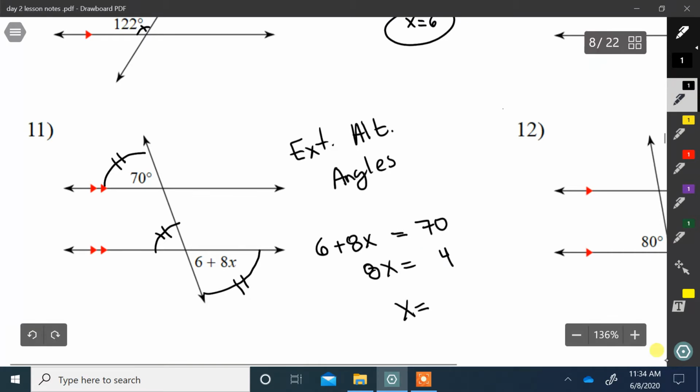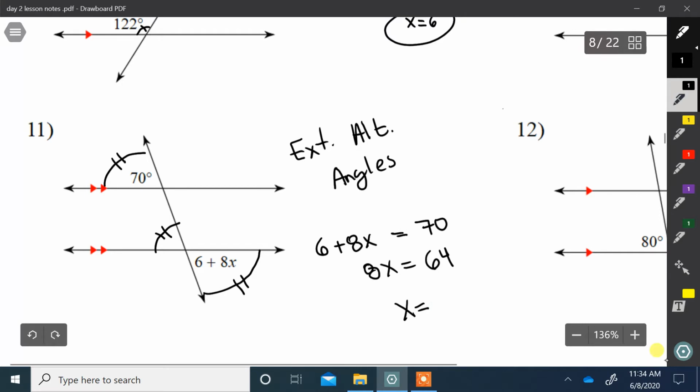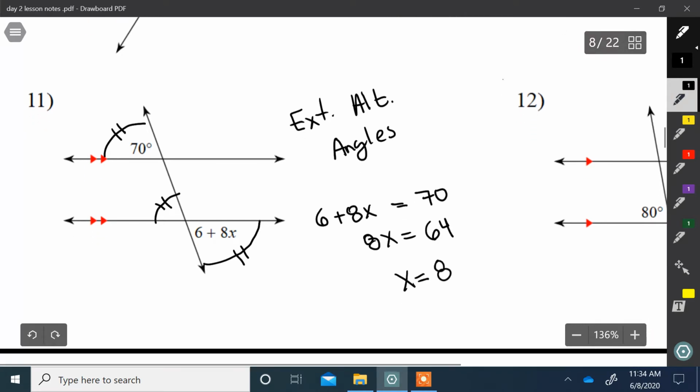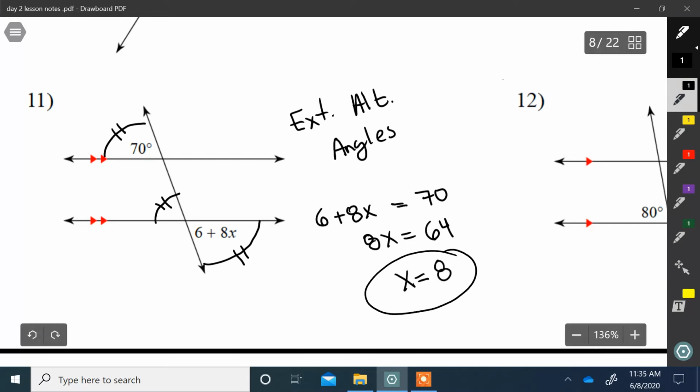Sorry, this is 64. That's why I'm getting it wrong. Subtract 6. And then you get 8. Okay, sorry about that, guys. It's early in the morning. Alright, so x is equal to 8 on this one.